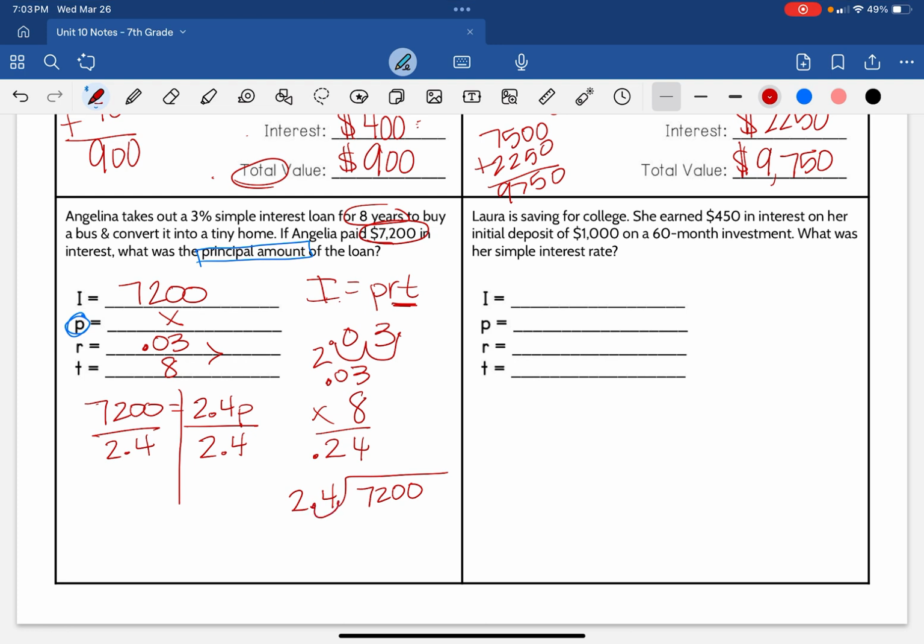You move it until you get a whole number. What you do on the outside, you also have to do inside, and y'all are really good about remembering this. So 24 times 3 is 72. So this is 3, 0, 0, 0. So what was my principal amount? $3,000.